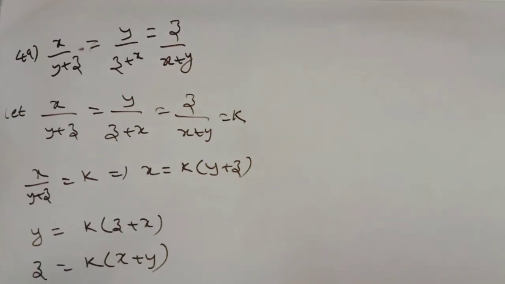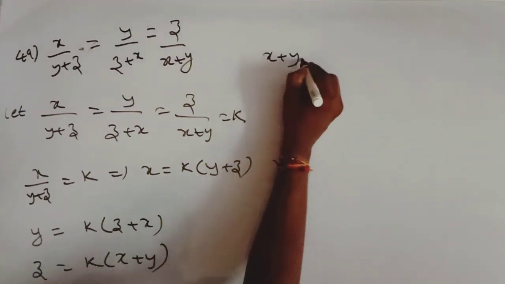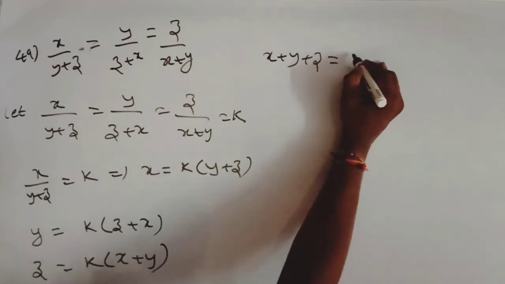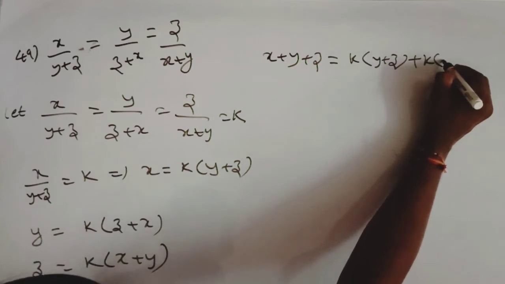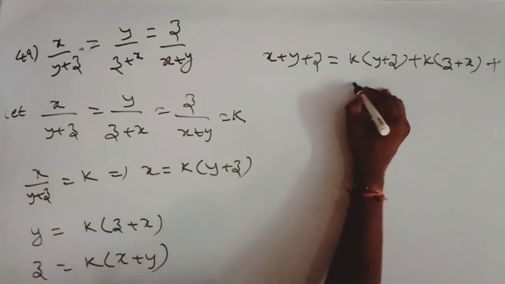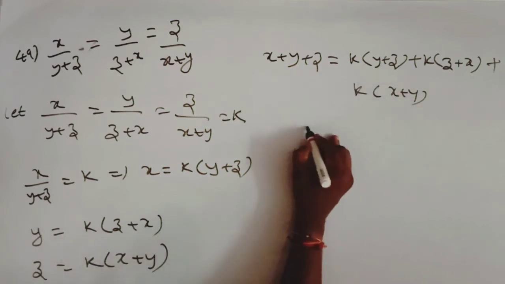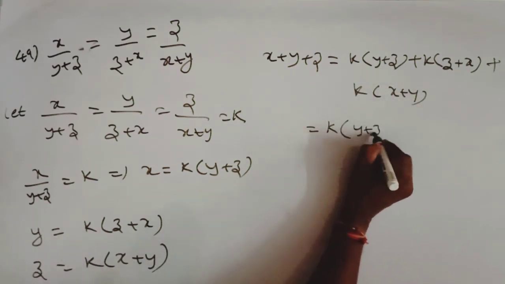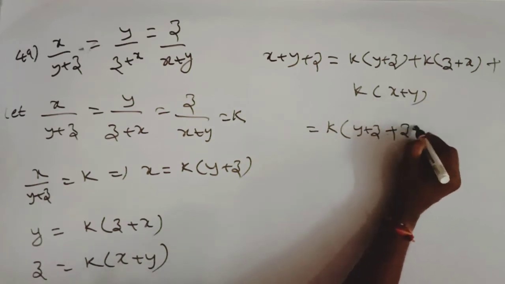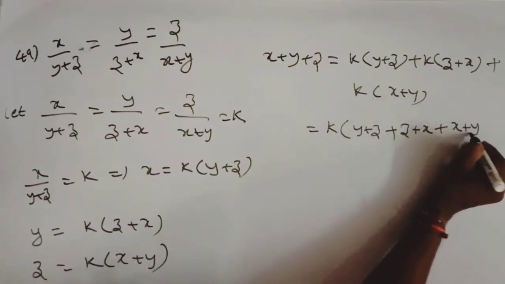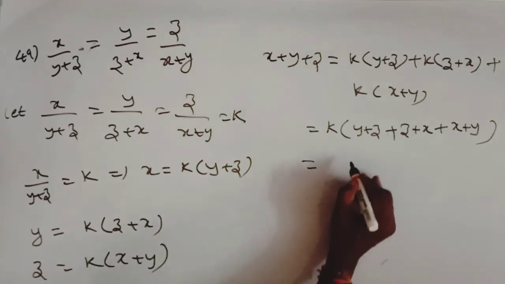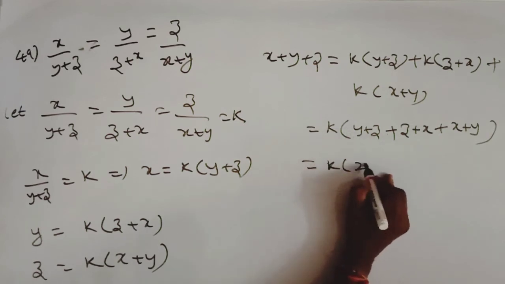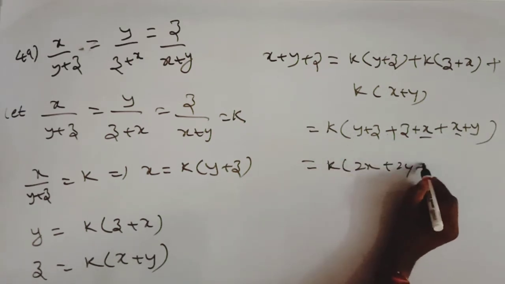Now each fraction we want, that is x plus y plus z is equal to k into y plus z plus k into z plus x plus k into x plus y. I am taking k common. So k into y plus z plus z plus x plus x plus y. So that's equal to k into 2x plus 2y plus 2z.